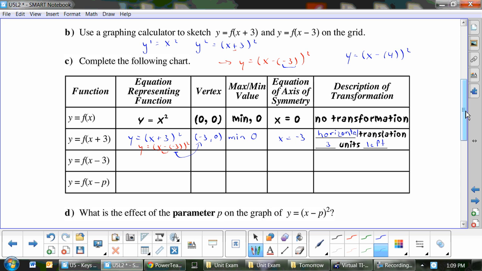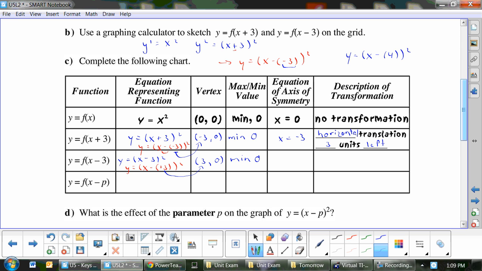Okay. And then if we were to do the next one, we could say y is equal to (x minus 3) squared. And we can also write it kind of like minus positive 3. That way you know for sure that you're moving in the positive direction, right. So here, 3 and 0, because we know that that number is there.